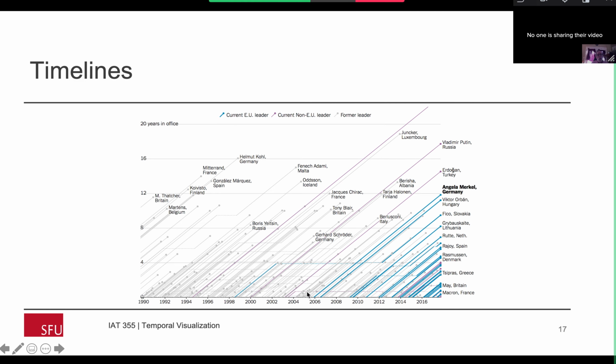And this is the timeline for Angela Merkel, and she's been at that job a long time, but she's not the longest person on the job. There's Erdogan and Putin, who have also been around a long time. Geez, I wonder why.